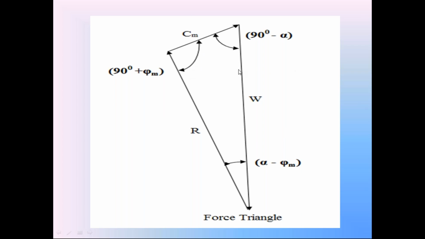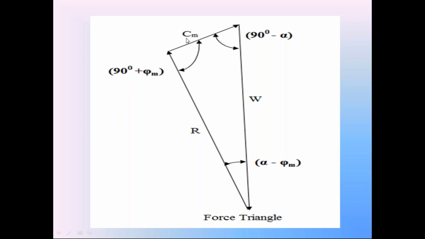Now in this force triangle, apply the sine rule, or Lami's theorem. According to the sine rule in engineering mechanics, the force divided by the sine of the angle opposite to that force. So take this Cm first. The angle opposite to this Cm force is alpha minus phi m.